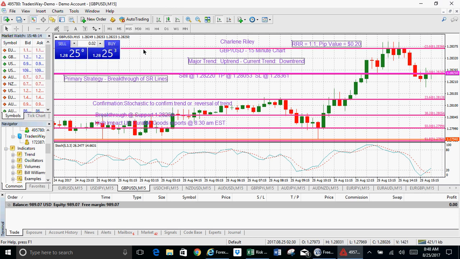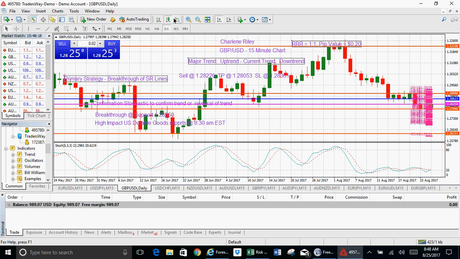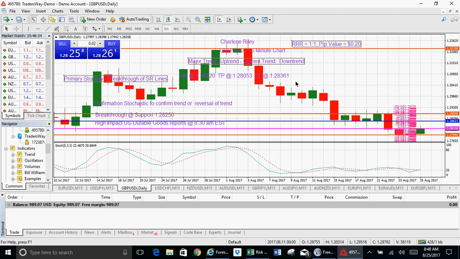And now I'm going to do my multi-frame analysis, and I see that on the daily chart, the market had been in a downtrend for the last week or so, but is currently reversing upwards.